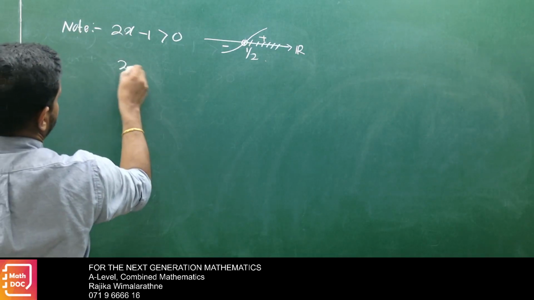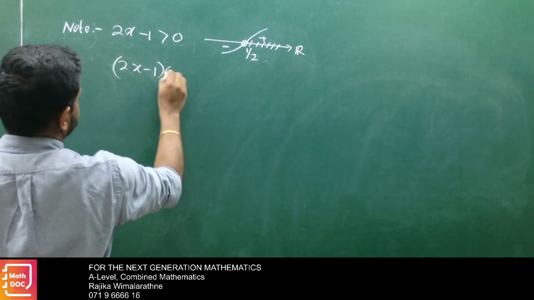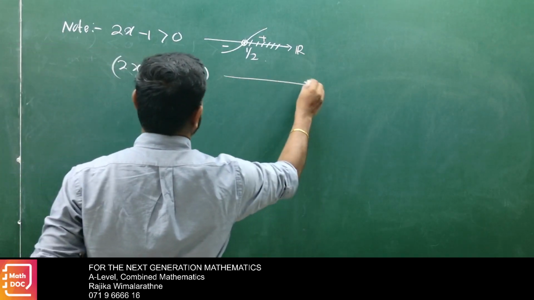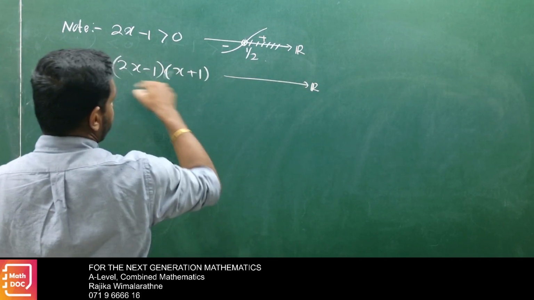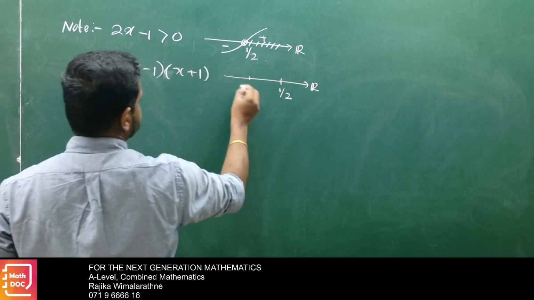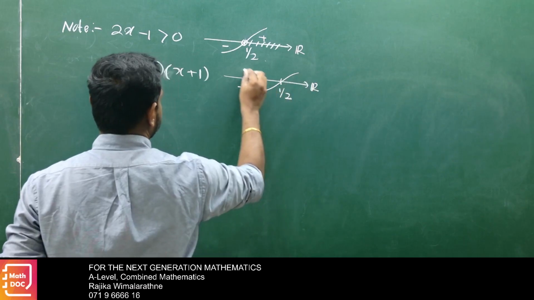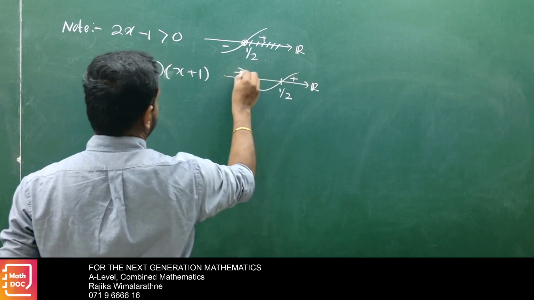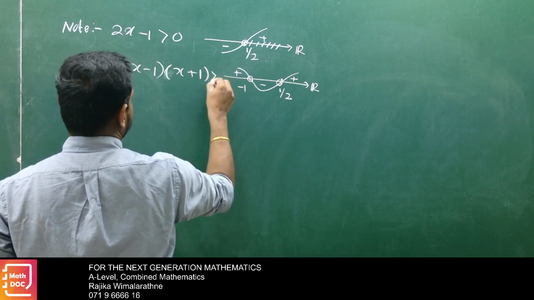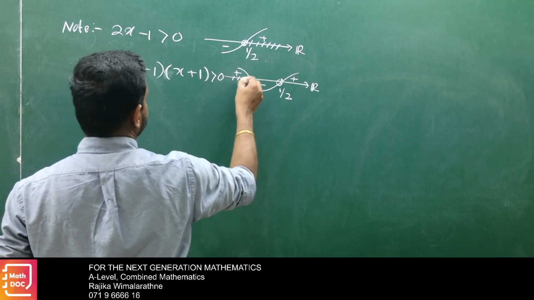Now, for two factors, 2x minus 1, x plus 1, we can follow same technique. Real number line, here 0 value half, and here 0 value minus 1. You do this way. Positive, positive, negative. Say greater than 0. Then we need positive region.